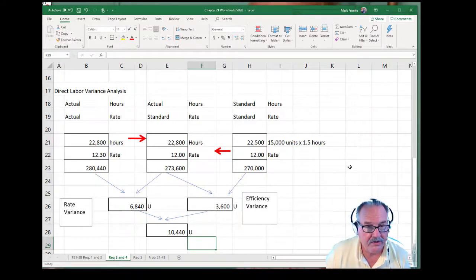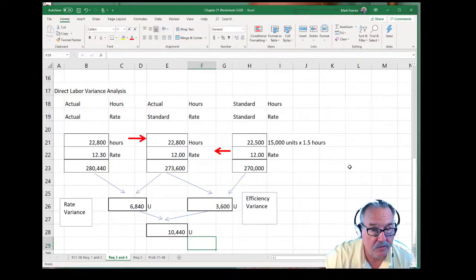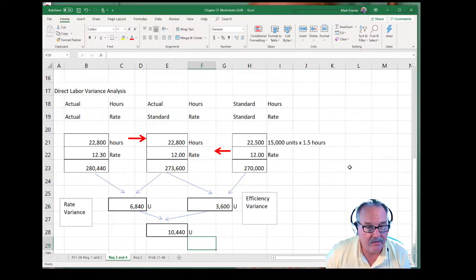We spent more on labor than we expected to because we used more hours and we had to pay a higher rate. So that's why both the rate and efficiency variance are unfavorable. The total variance is unfavorable. So that's the direct materials and direct labor piece of this.